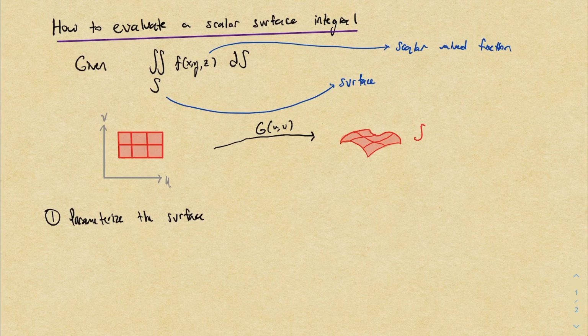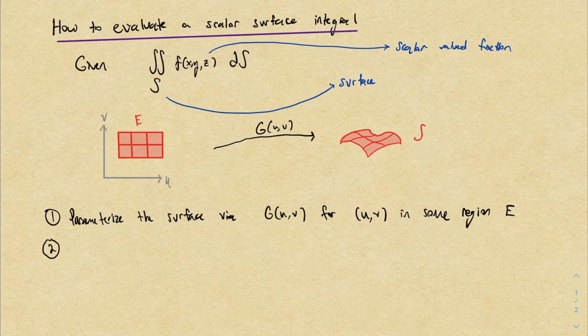But nevertheless, this is still a parameterization of the surface. So this is your first step. Write down a function g of two variables, which gives you the surface. And also like before, when you write down a parameterization, you need to specify the parameter domain. This time, instead of being an interval, it's going to be some region in the two-dimensional world.